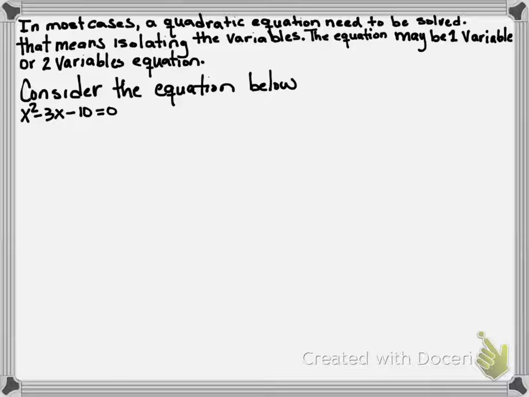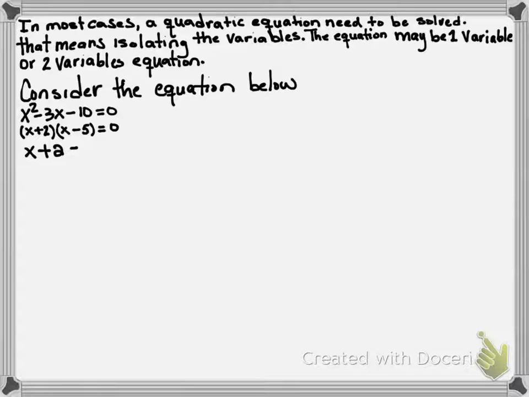Ladies and gentlemen, you have to factor that equation before you can solve it, because you have to get the letter x by itself. As a result, we factor this in this manner, such that we have x plus 2 times the expression x minus 5 and should equal 0.